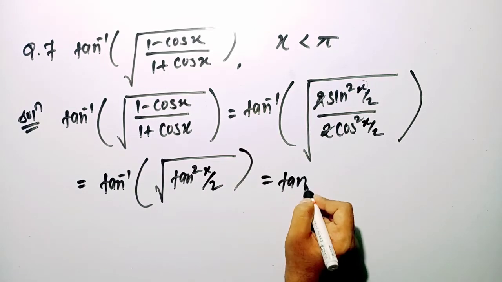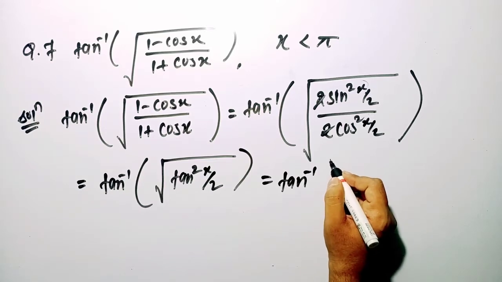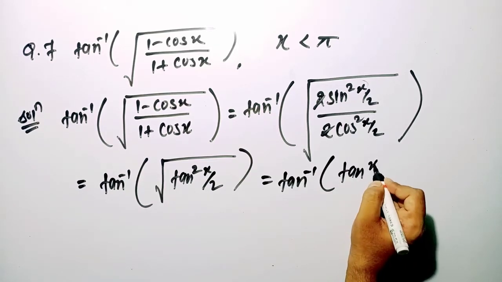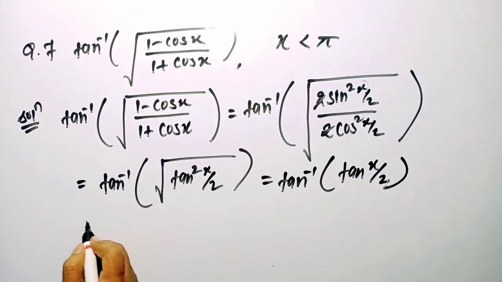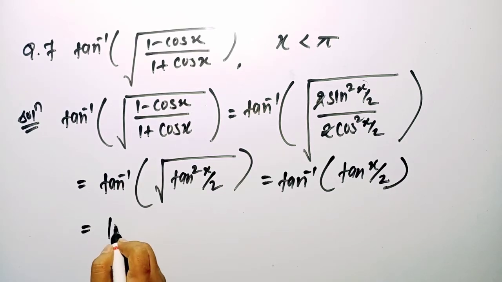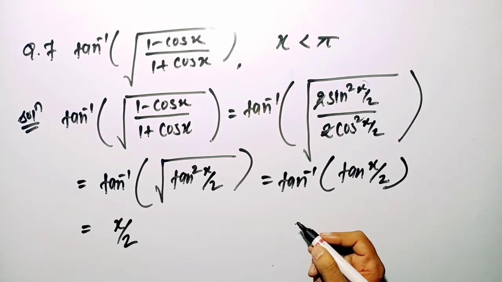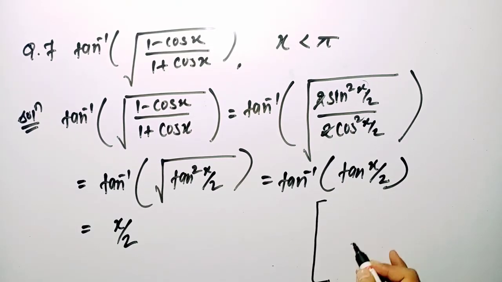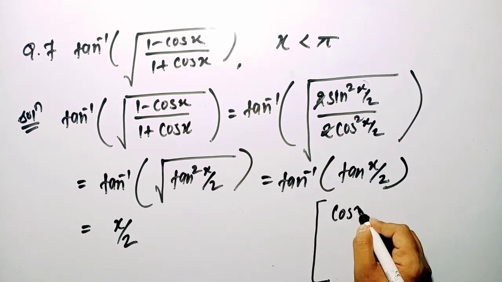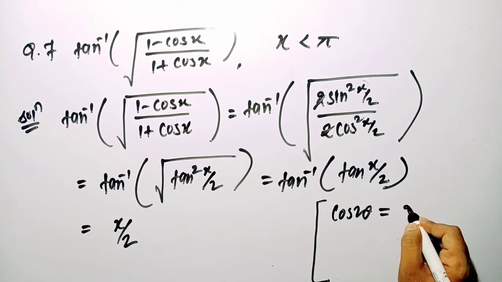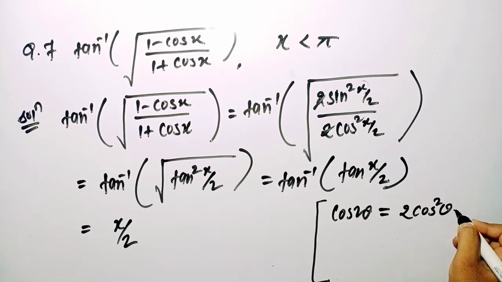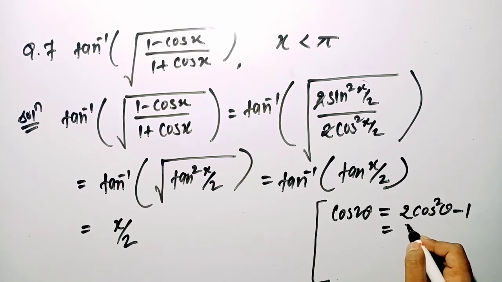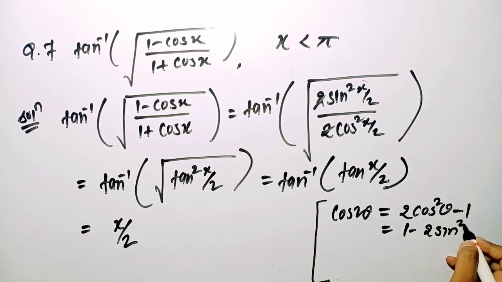So we are getting tan square x by 2, and taking the square root of the square term gives the same term, so tan inverse into tan x by 2 gives x by 2. Okay students, which formula have we applied here? Cos 2 theta, because we know that cos 2 theta is equal to 2 cos square theta minus 1. In terms of sin we can write 1 minus 2 sin square theta.